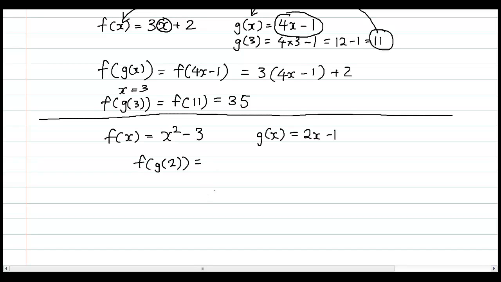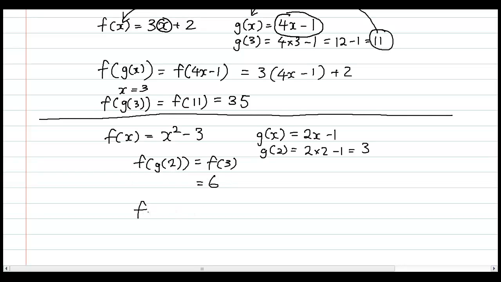That means we'll have to substitute the number 2 into the function g of x. So g of 2 is 2 times 2, which is 4, minus 1, which is 3. And then we substitute the number 3 into the f function, which makes it 3 squared is 9, minus 3 is 6. So f of g of 2 is equal to 6.